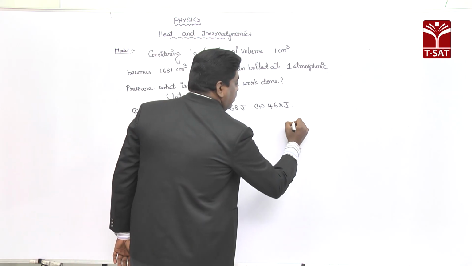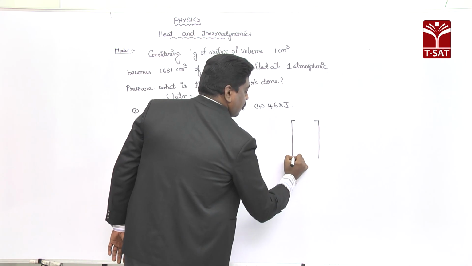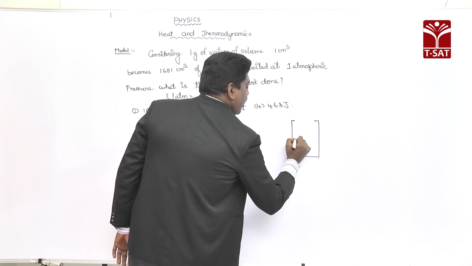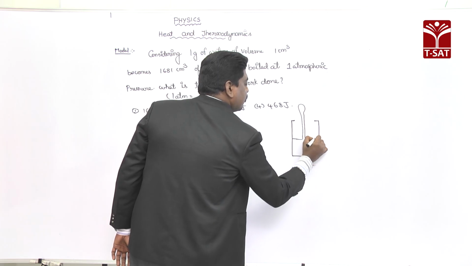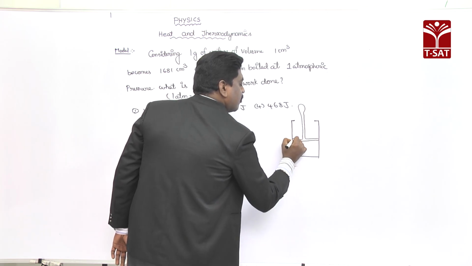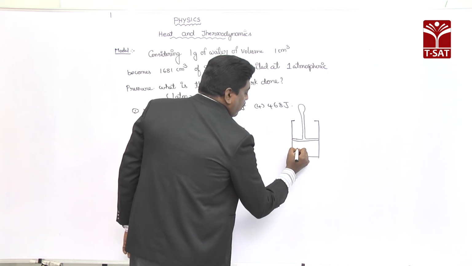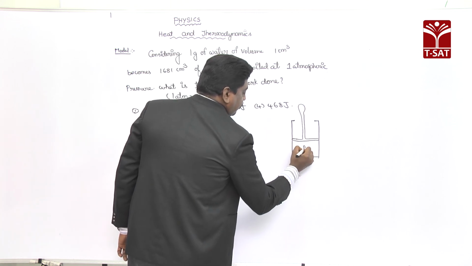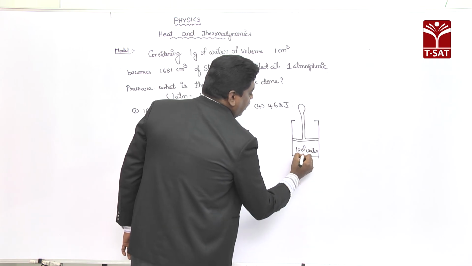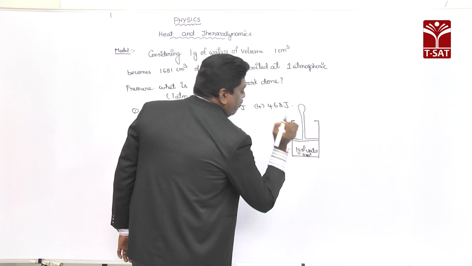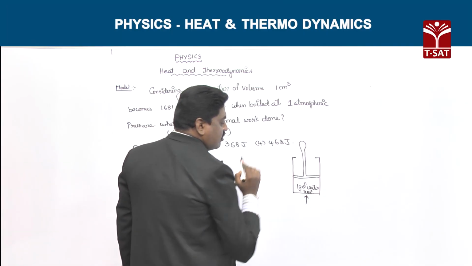Imagine a container in this manner with a frictionless movable piston. It is having 1 gram of water whose volume is given as 1 cubic centimeter, and then heat is supplied to it.